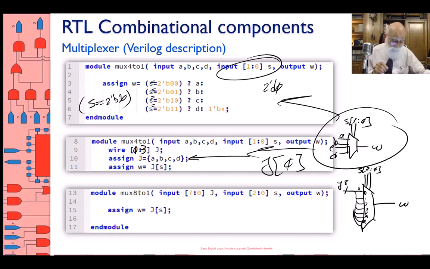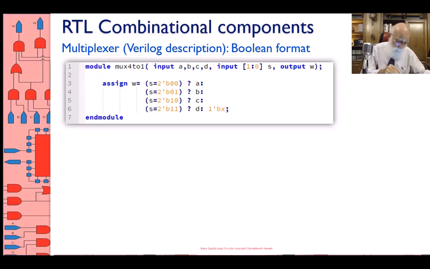Then I'm going to do one more way of doing this, and this one would be Boolean. Not very compact, but I'm going to take this and do assign W equal.